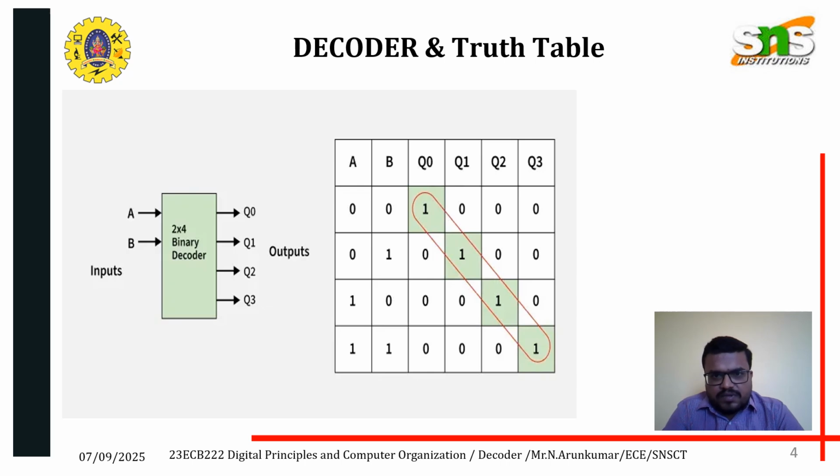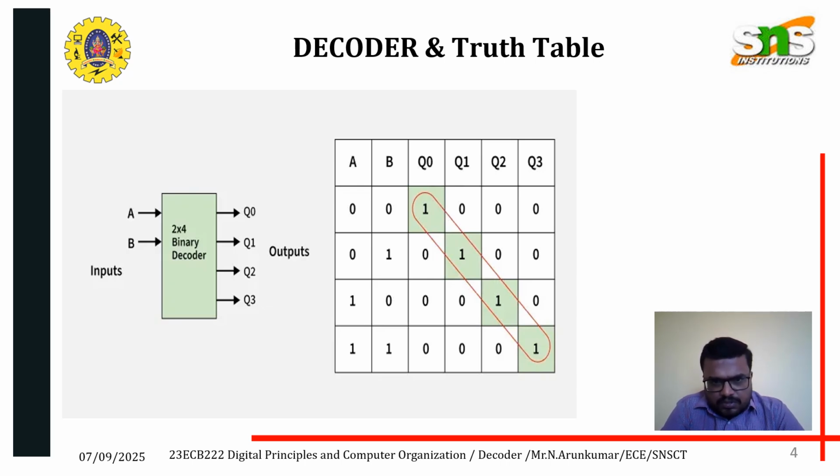For example, if I give the input 0 1, then Q1 becomes 1 and the remaining are 0. Like this all the numbers are generated based on the binary input.